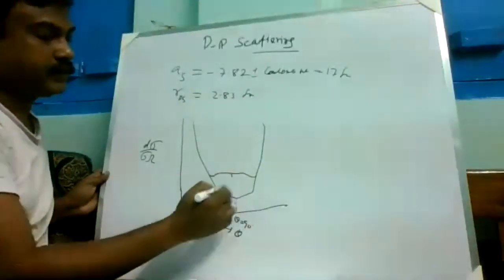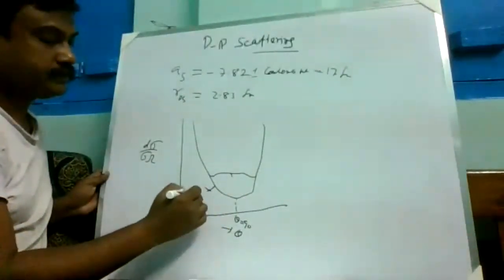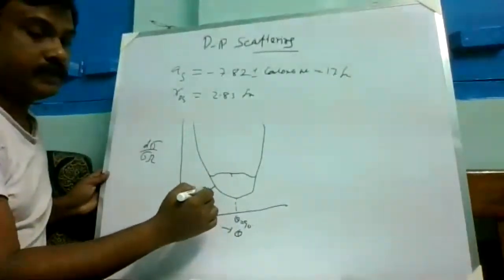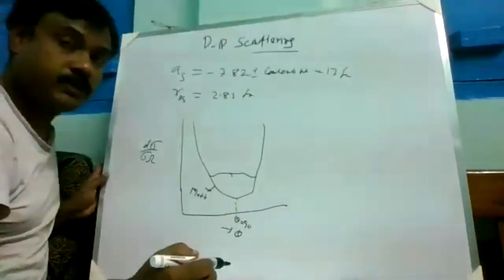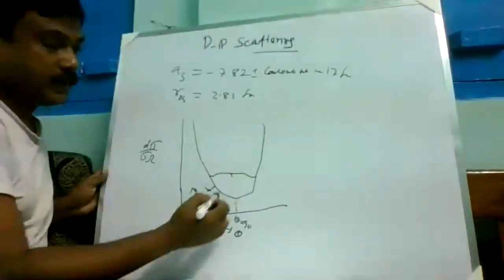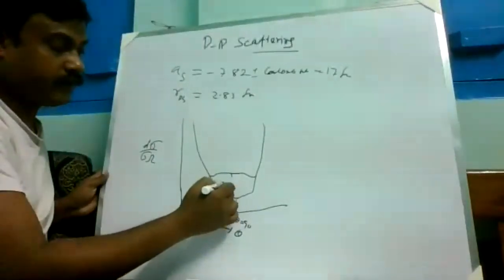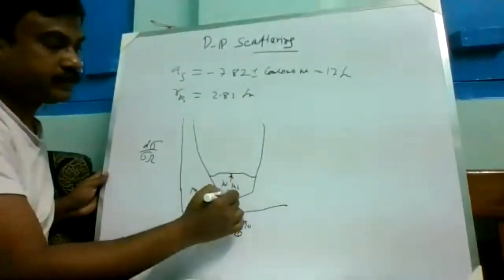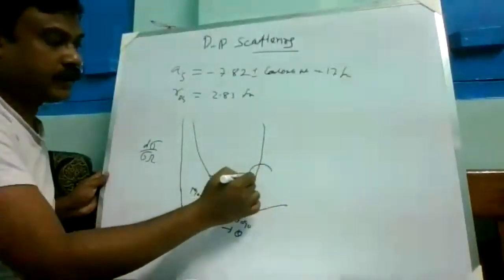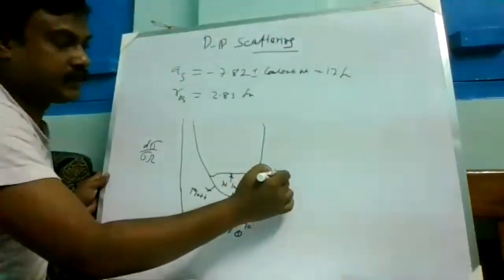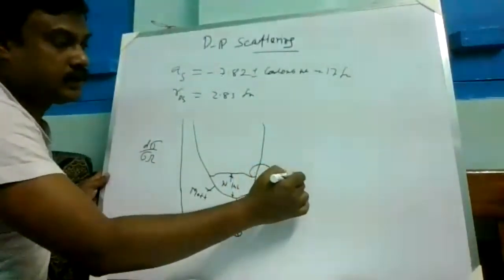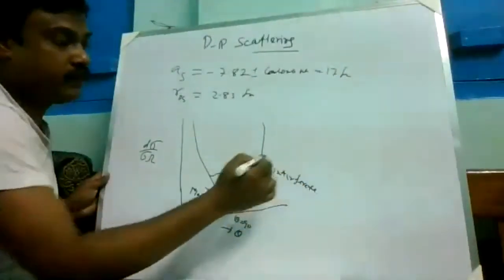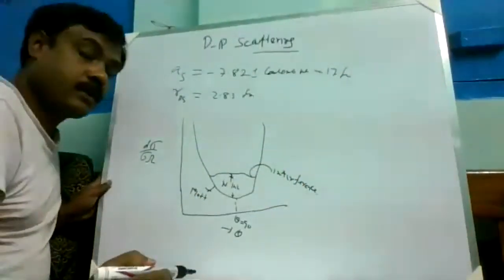This flat portion is the Mott formula. That means this is due to Coulomb interaction, and this term is for nuclear force. Nuclear interaction is this. Here it shows the interference between nuclear force and Coulomb.